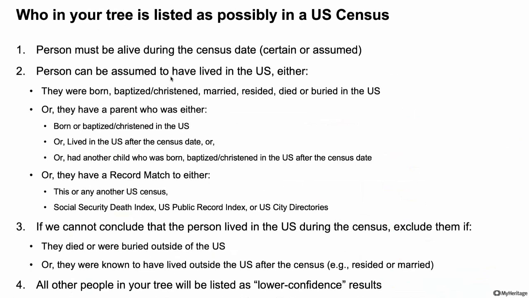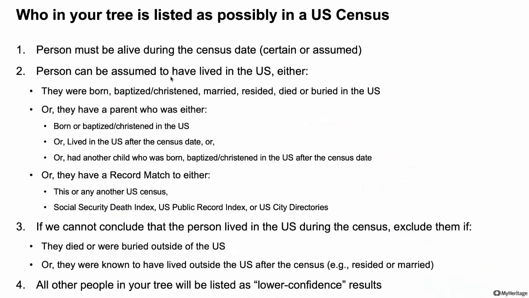We also look for record matches, which are already confirmed or at least unrejected matches to existing records in other censuses or in the Social Security Death Index or other US records that give us evidence that they have lived in the US. So if that's true, then we will show them in the list.